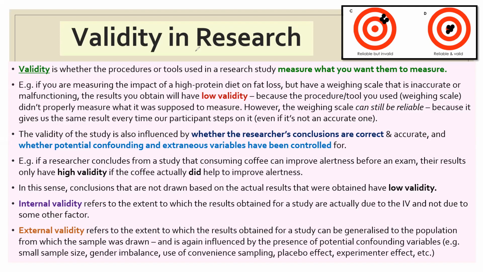They have low validity because the procedure or the tool that we used, in this case our weighing scale, does not measure what you intended it to measure, okay, in the correct way.